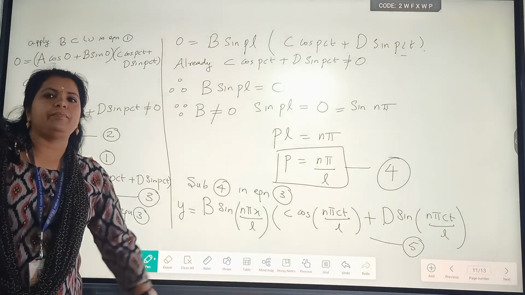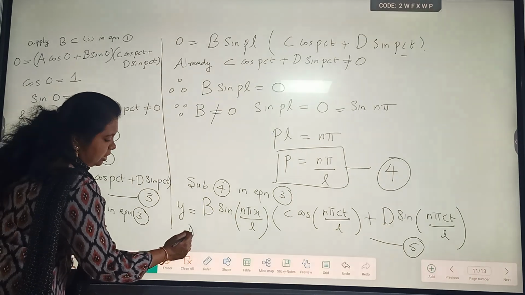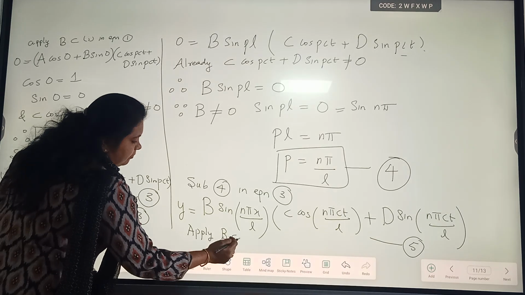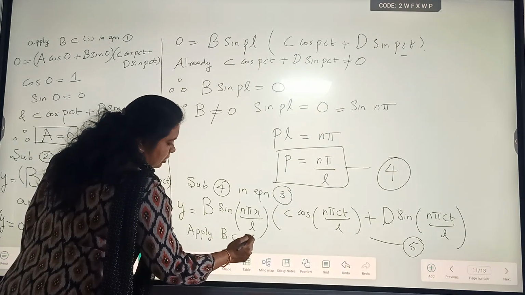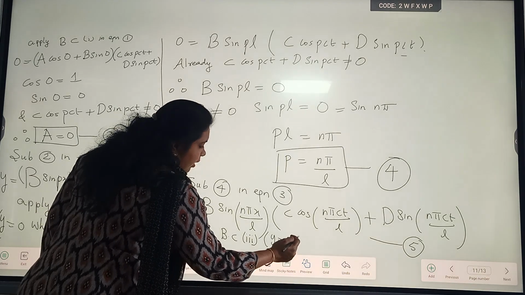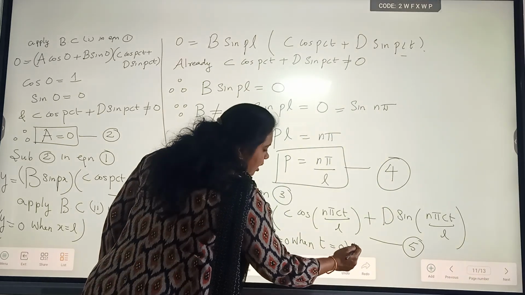Now apply the third boundary condition, y equal to 0 when t equal to 0, in equation 5.